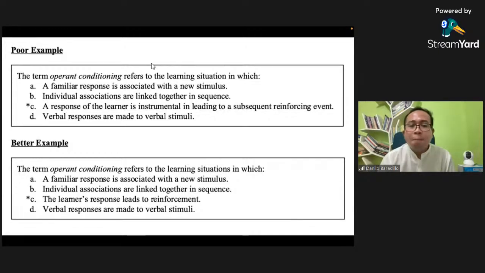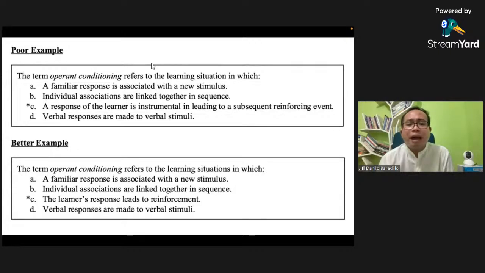So that's how operant conditioning is looked into in a learning situation. But if it's written better, it should be: the learner's response leads to reinforcement. This is how it is. Okay.